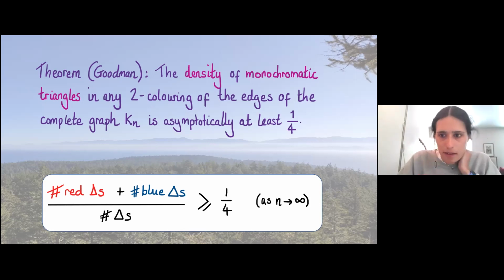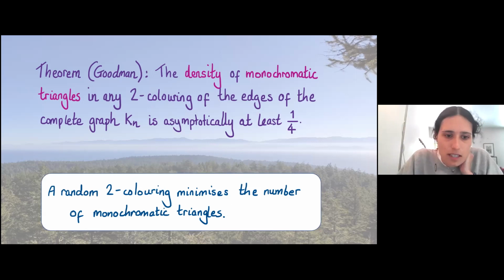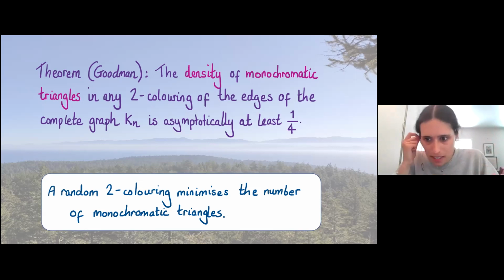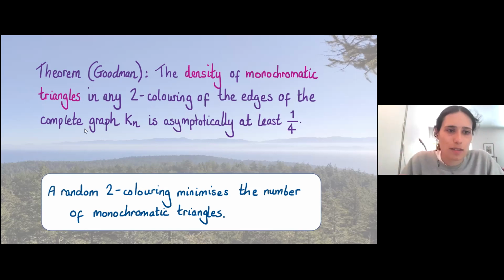One way of thinking about this theorem is: what does this say? It tells us that a random two coloring minimizes the number of monochromatic triangles, because if you color the edges red and blue, each with probability 1/2, what's the expected number of monochromatic triangles? The expected density will be 1/4. So there are two ways of thinking about this.